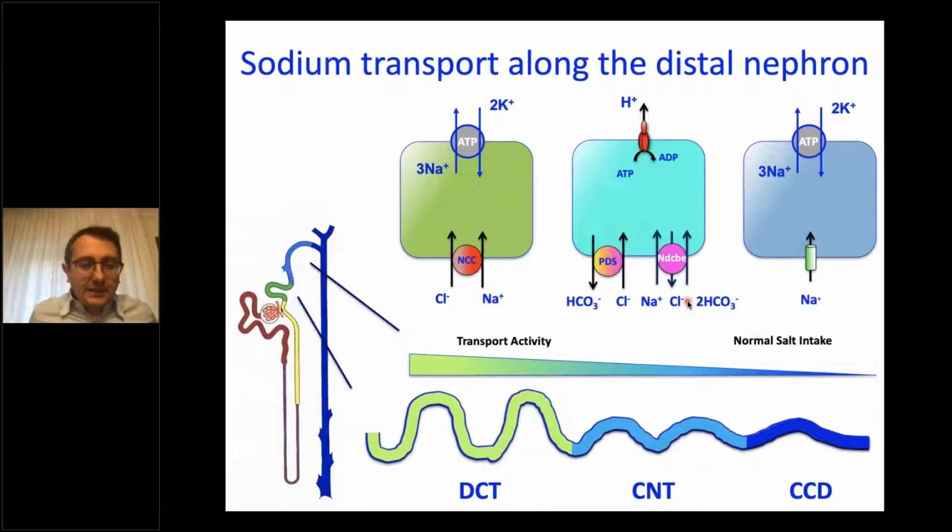Why the distal nephron? The distal nephron is very crucial for the regulation of the blood pressure. One thing is because it's developing behind the macula densa, so downstream of the macula densa.